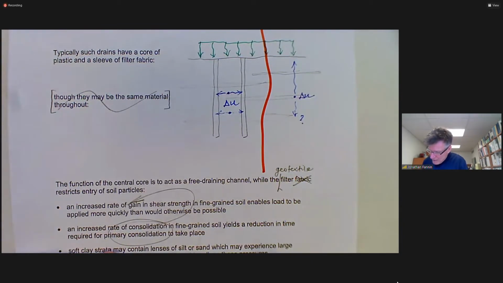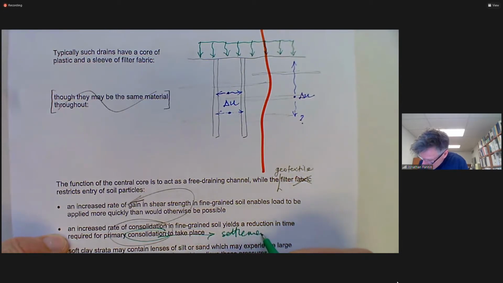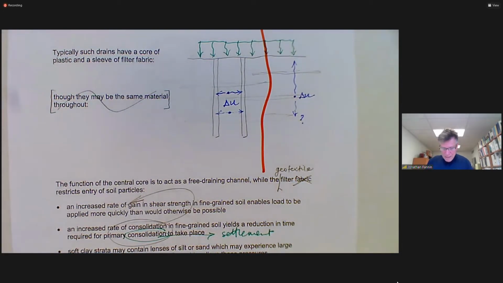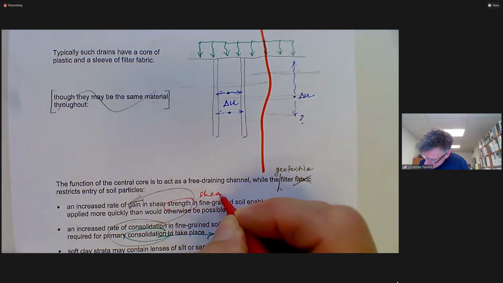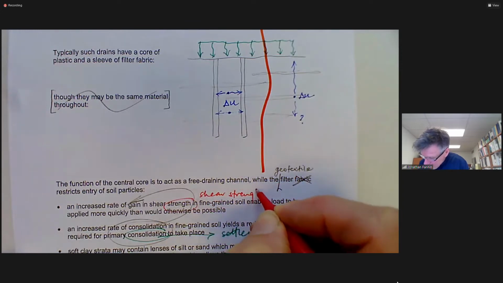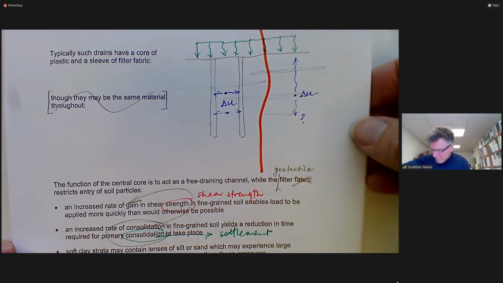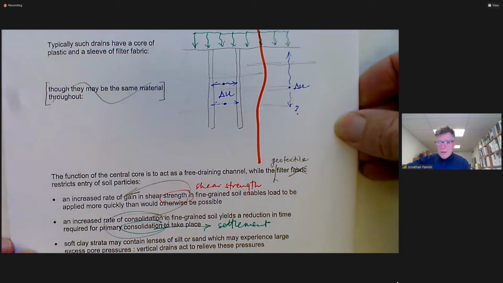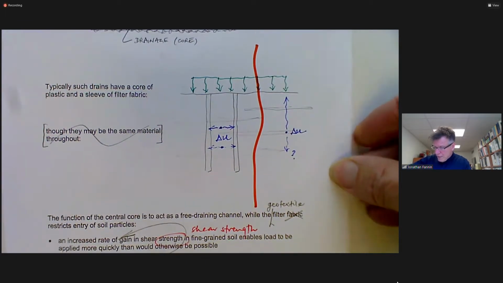But it's this consolidation settlement and this gain in strength. Those are the rewards, those are the benefits, those are the return on the investment of time and effort. And in essence, in dewatering tailings, we want to ensure that this will take place.